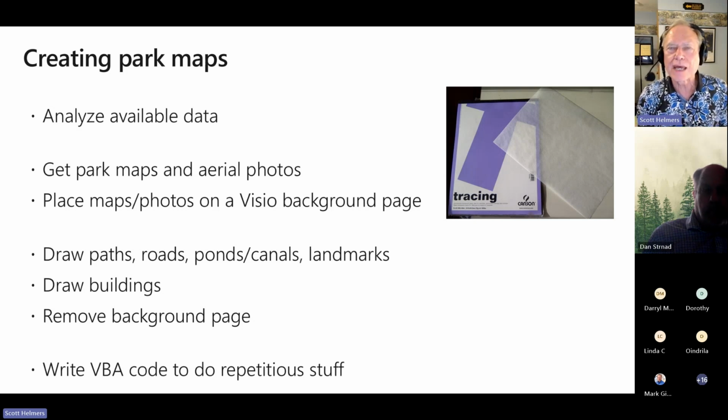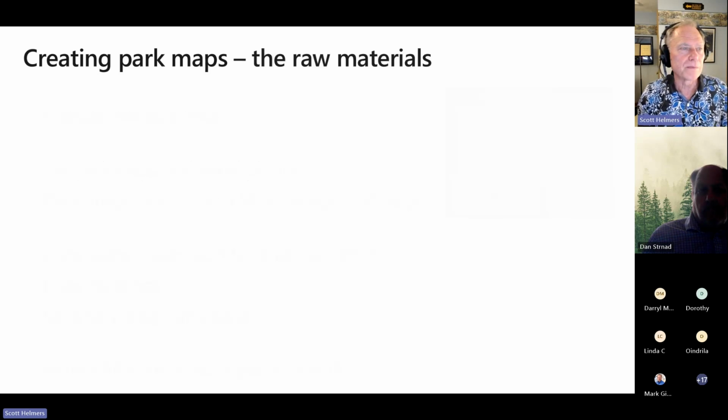I needed to do that, and doing that manually was a real drag. If I discovered a new building, and you may think, well, how would you discover a new building? Well, not all the maps I had were up to date. So there was a bit of discovery going on here. I didn't want to have to manually renumber everything. There were some other functions that I used some automation via VBA for as well.